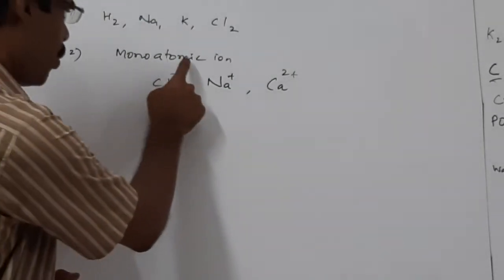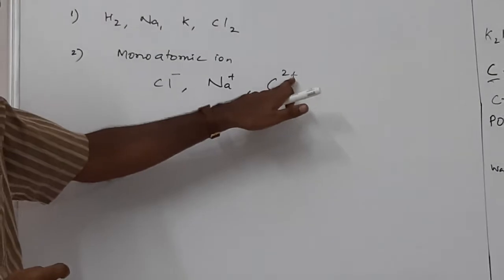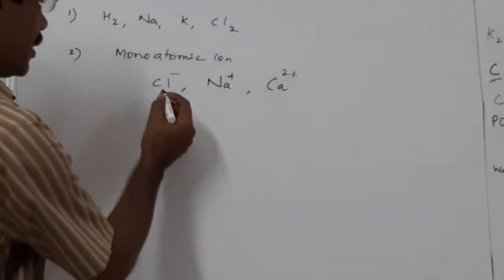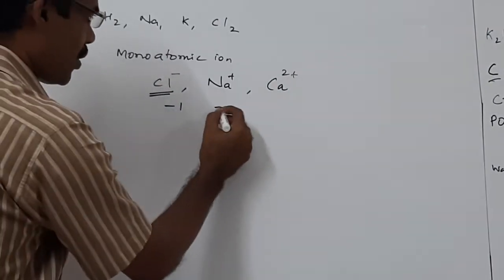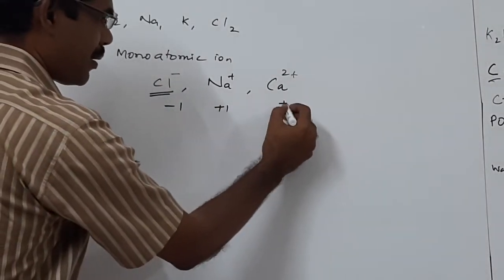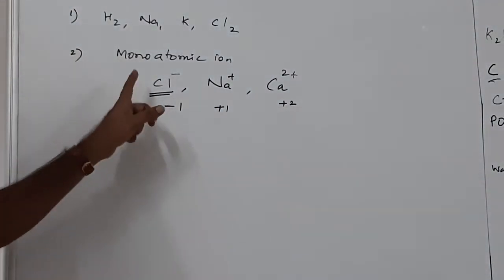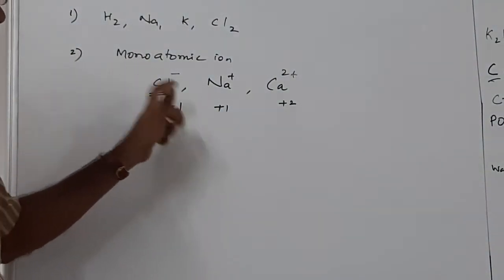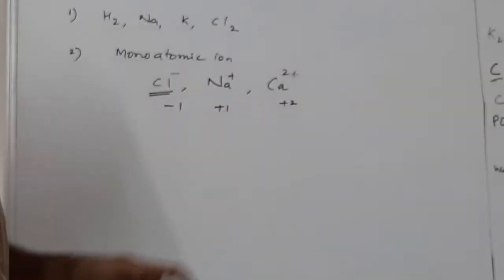In the case of a monoatomic ion, oxidation number is the charge carried by the ion. Here oxidation number is -1. Here oxidation number is +1. Over here the oxidation number is +2. So in the case of a monoatomic ion, oxidation number is actually the charge that is there on that particular atom.